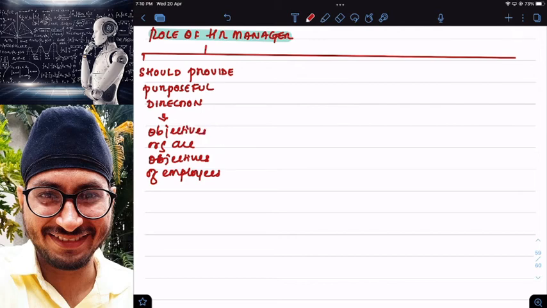Sir, my objective in a company is different and the company's objective for me is different. Then what is going to happen? Neither is the company going to achieve its objective, nor am I going to achieve my objective. That is why, in order to move in an upward direction, in order to achieve our vision, the company's objectives and my objectives, the company's mission goals and my vision goals should be the same.